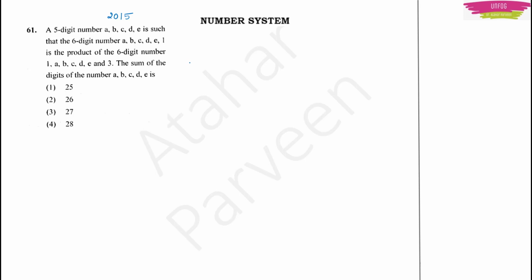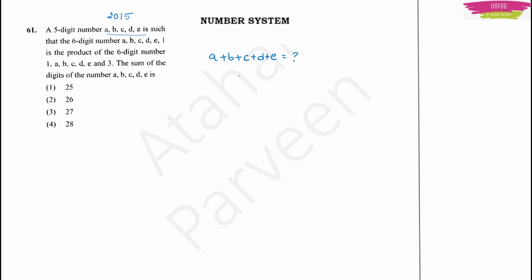Now the given condition is that the number ABCDE1 is equal to the product of the number 1ABCDE and 3. You have to find A plus B plus C plus D plus E, the sum of the digits in this number ABCDE.